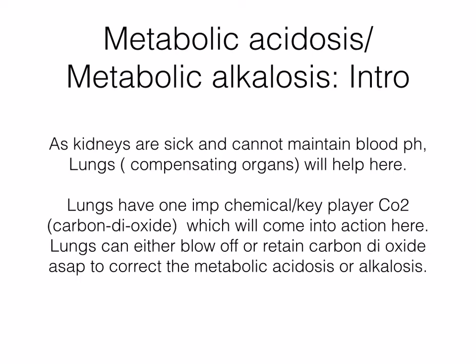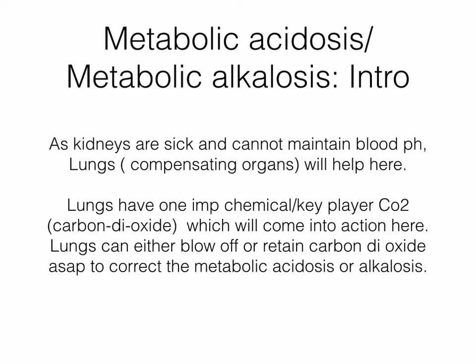As kidneys are sick and they cannot maintain blood pH, lungs now will come into action and they will be known as compensating organs. And lungs have one important player, carbon dioxide, which will start doing its work. Now, lungs can either blow off or they can retain carbon dioxide as soon as possible to correct the metabolic acidosis or alkalosis.